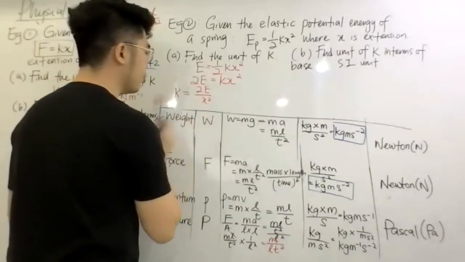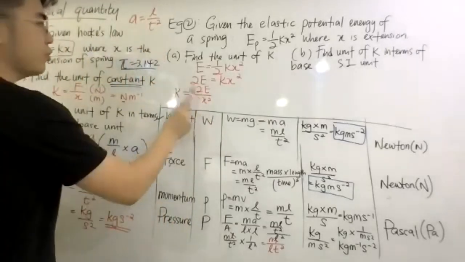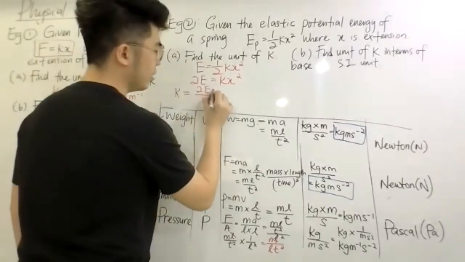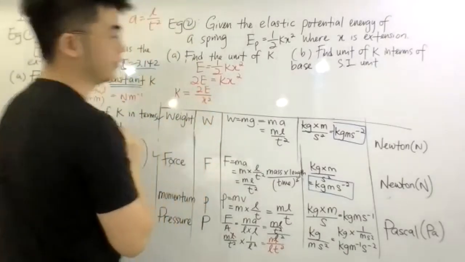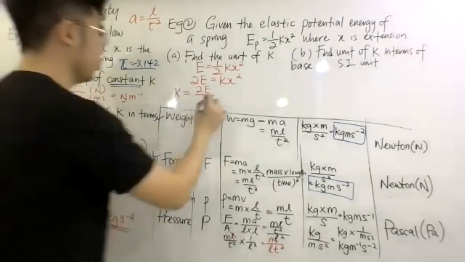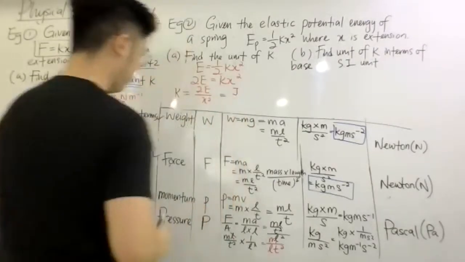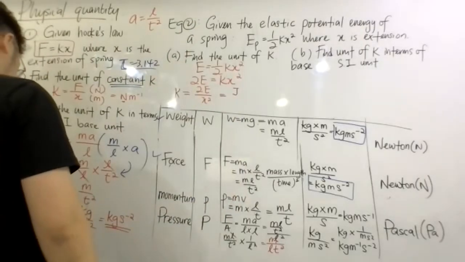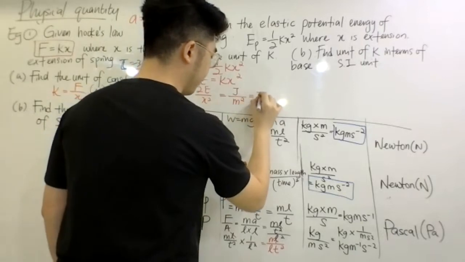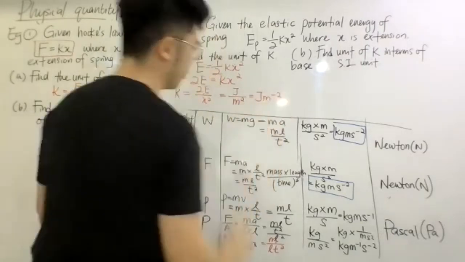Unit of energy is joule. You times 2, it is still joule, doesn't change anything. So here, we do not care about the constant, I mean the value 2. 2E is still joule, so I will write here joule over M squared, J m minus 2.